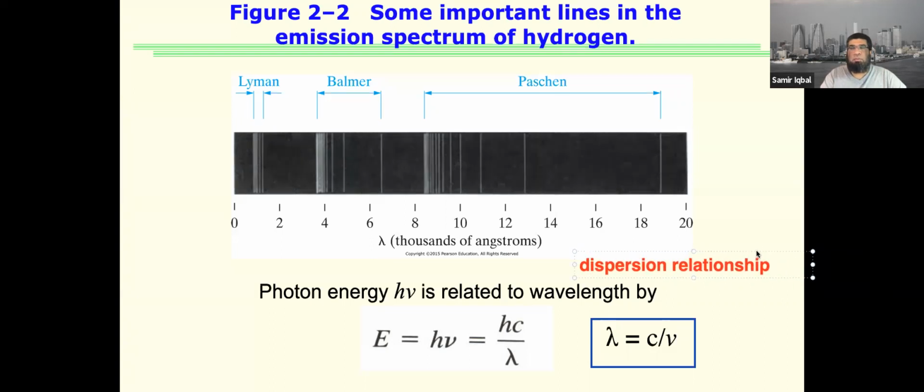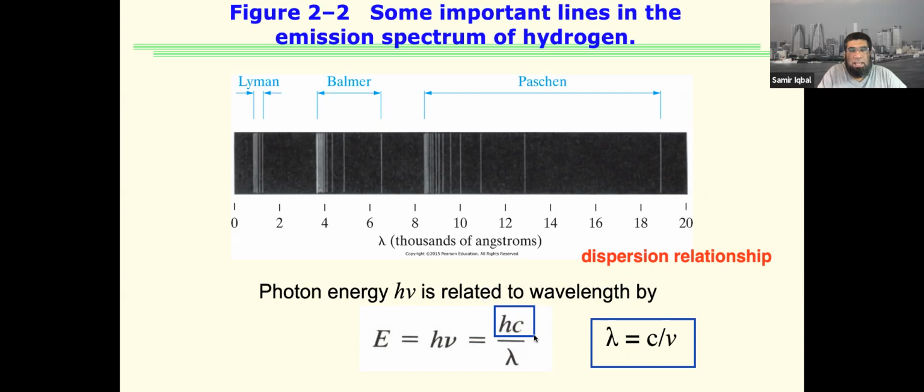And with this, we connect energy with wavelengths. Now in this relationship, h is constant, c is constant. We might as well just find what this hc means.